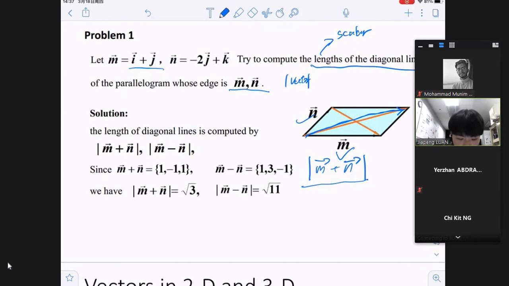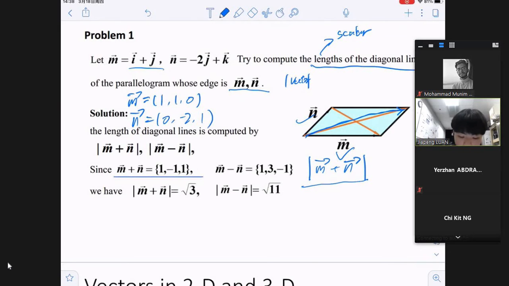And for M, you can see that M is 1, 1, 0, and N is 0, minus 2, and 1. And then you can add them together. You will have that M and N gives you this.